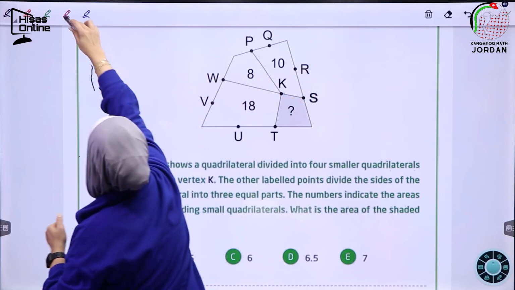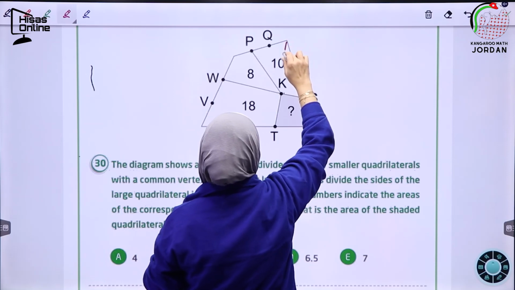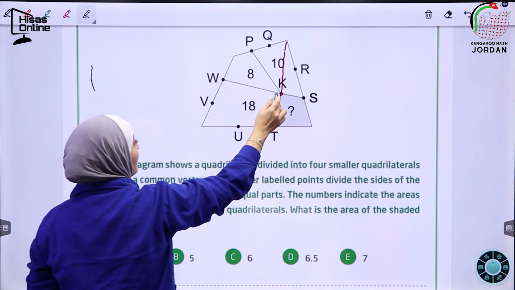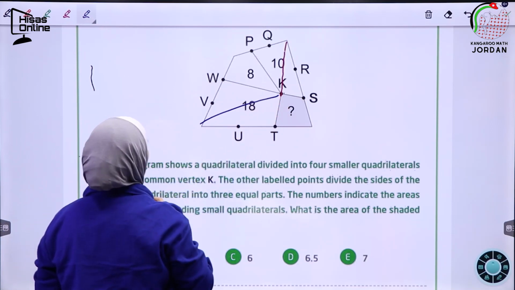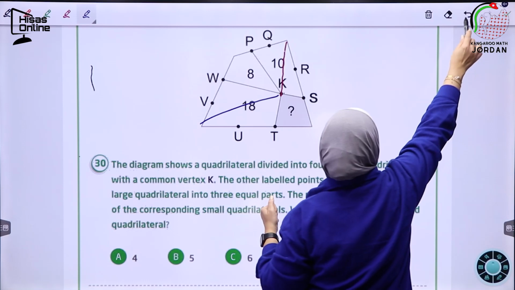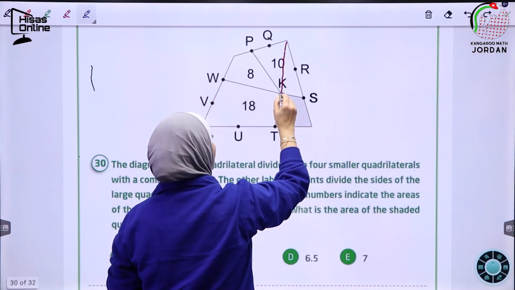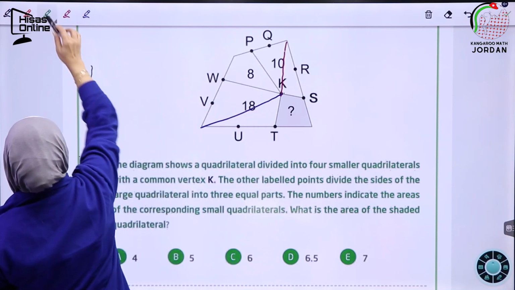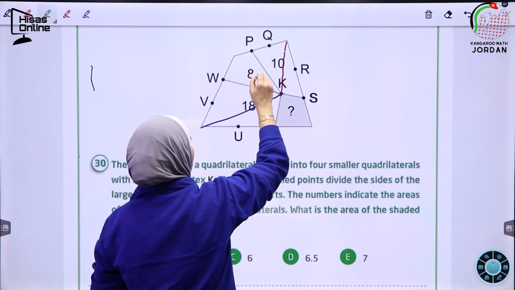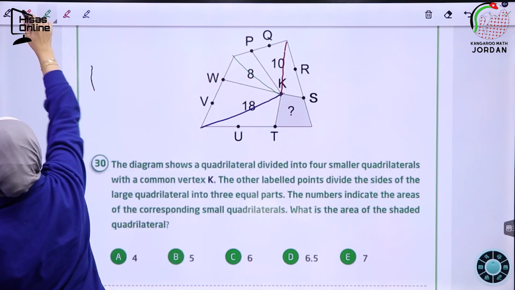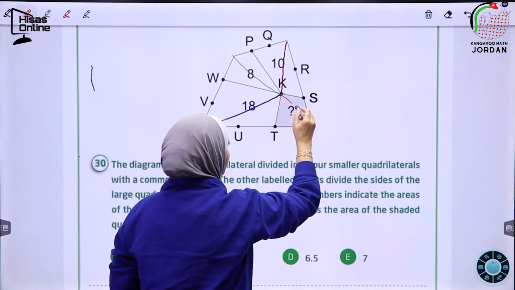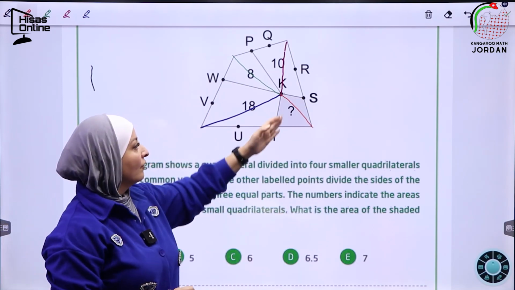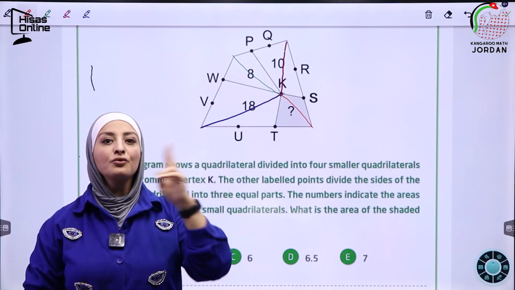So, from this point to K, and from K to this corner, let's fix it, to the corner, and we still have another one, which is at the top, and here we go. They said each one of these are separated into 2/3.